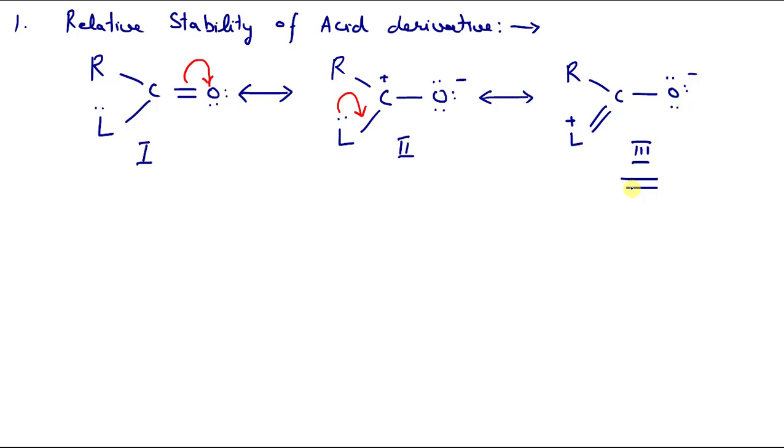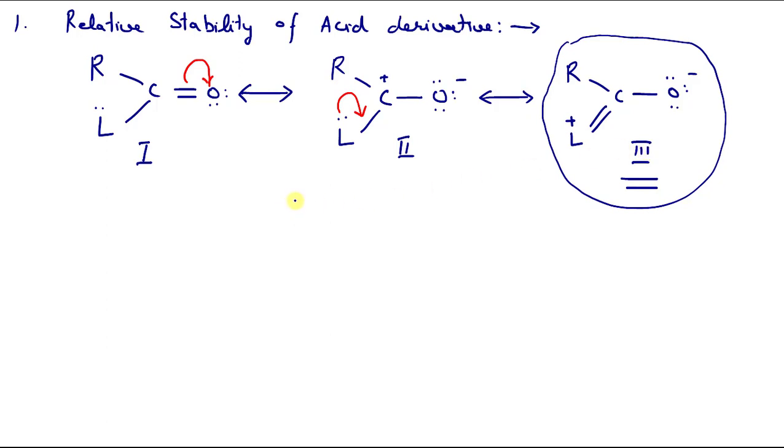The relative stability of these acid derivatives will depend upon the contribution of these resonating structures towards the resonance hybrid. We will be finding which of these resonating structures is stable among the four carboxylic acid derivatives.